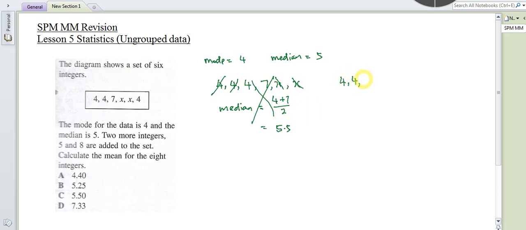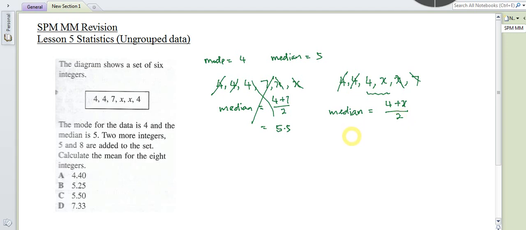4, 4, 4 is the same. I think I place the x over here. The mode is 4, no problem, you see a lot of 4s here, and the median is 5. So we know that the median for this set of data is 4 plus x divided by 2.